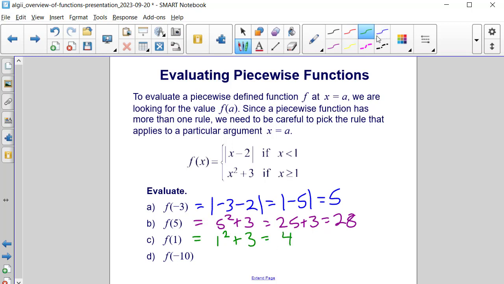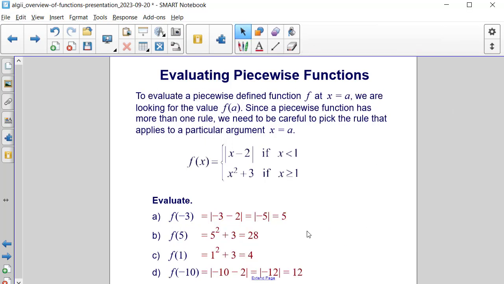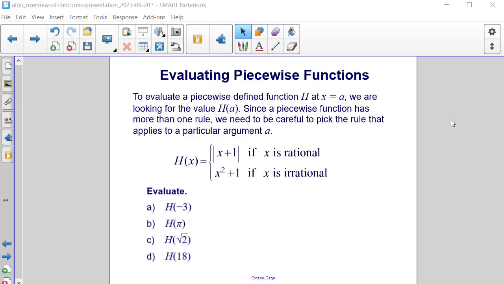And now our last problem that we have here, f of -10. -10 is smaller than 1, so we're going to substitute it into our absolute value. So we have -10 minus 2, so that's going to be the absolute value of -12, which is equal to 12. And here we can see the solutions to the example that we found, and all the solutions that were calculated match what appears on this slide.